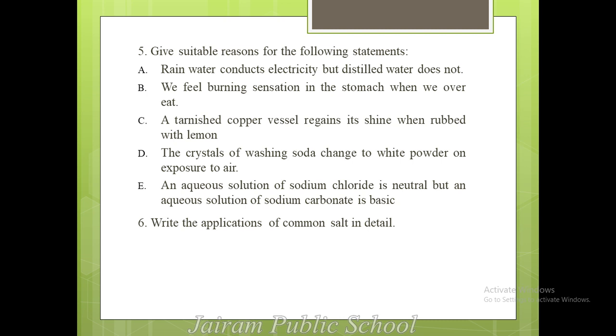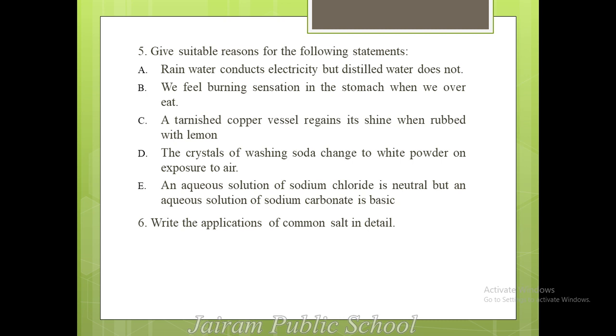The next one is bleaching powder. The formula for bleaching powder is calcium oxychloride. Chlorine is produced during the electrolysis of aqueous sodium chloride, which is also called brine solution.